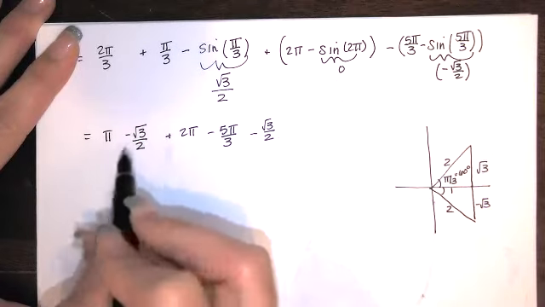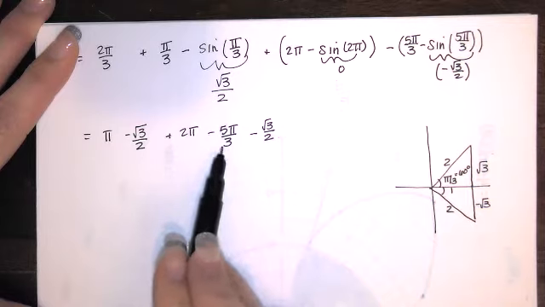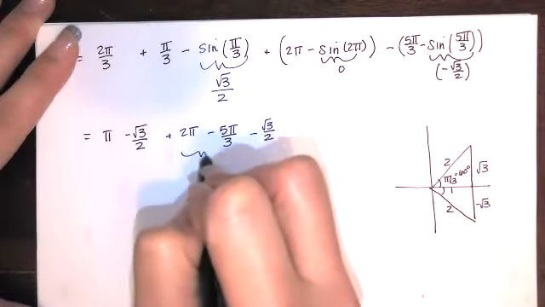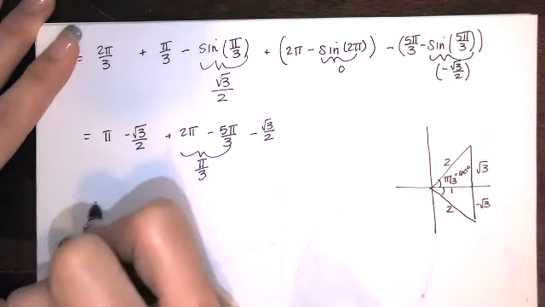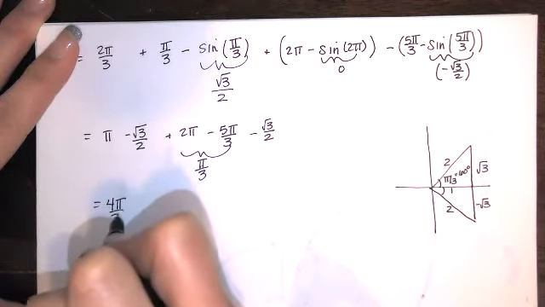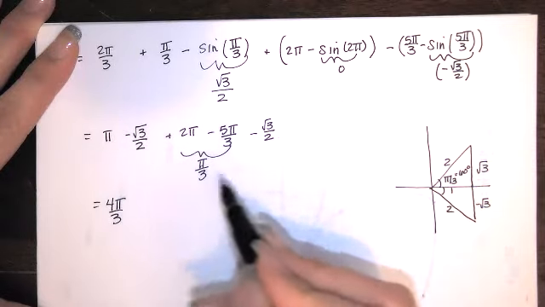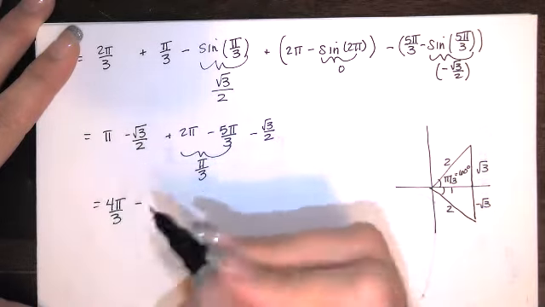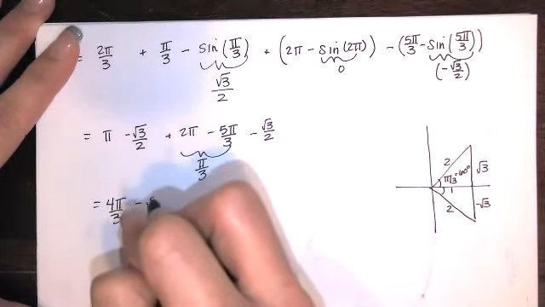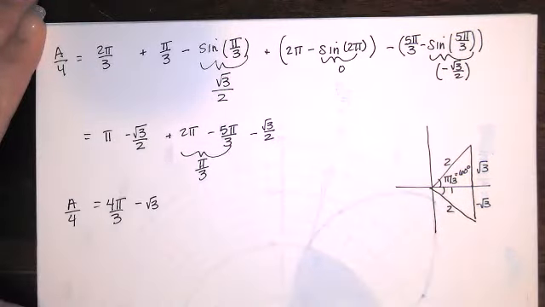Okay, so 2 pi minus 5 pi over 3 is going to be pi over 3. And I've got pi over 3 plus pi is 4 pi over 3. And this negative square root of 3 over 2 minus that one, it's going to be negative 2 root 3 over 2, which is just root 3. That's 1/4 of the area.